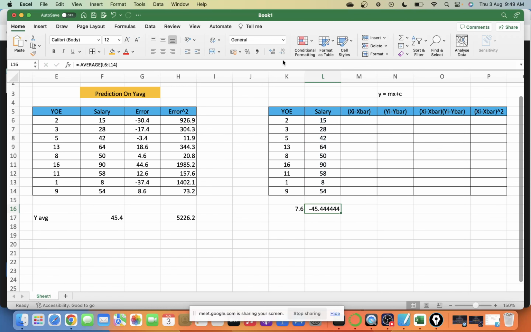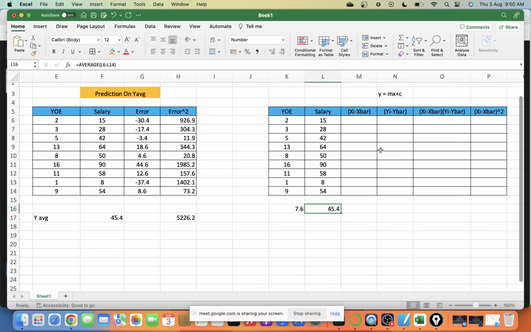Let's again do it this way. Am I getting my point across, everyone? Yes, it is minus 45. Okay, there is a minus over there. Take care, because I thought it was 45. Why is it coming minus 45 over here?